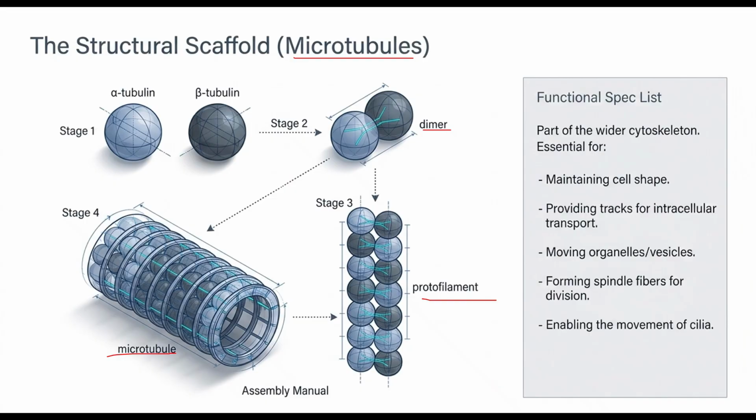So these are the important functions. Okay, so maintaining the cell shape, providing tracks for intracellular transport, moving organelles or vesicles, forming spindle fibers for cell division, and enabling movement of cilia and flagella. Okay, clear.